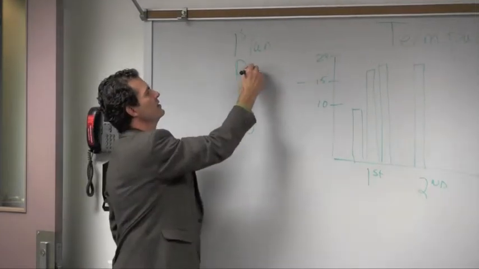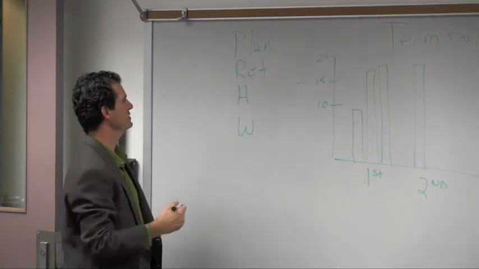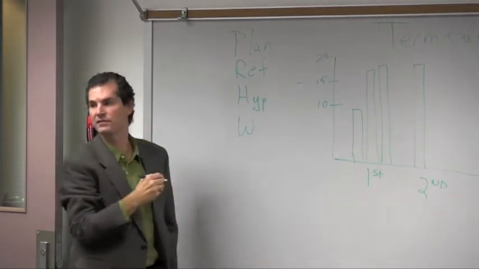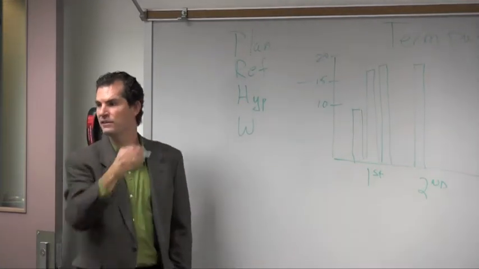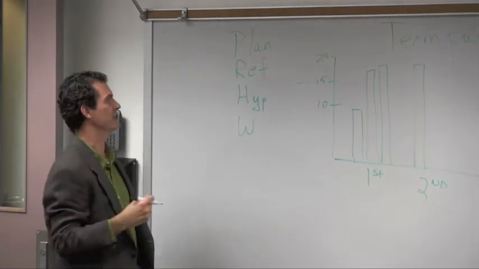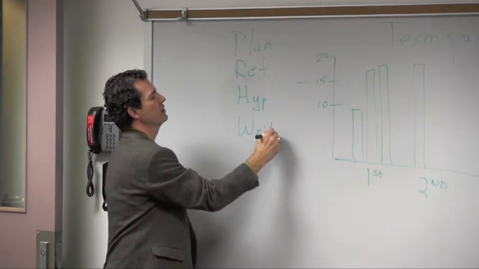The second one is their ability to reference, to cite within the work and in the bibliography and so on. This one is, do they understand what they're doing? Can they write a hypothesis? And when they get to this point, do they get to something that teaches me what they are going to do specifically as opposed to generally, this is why I like science. And then this is the writing, which is the grammar.